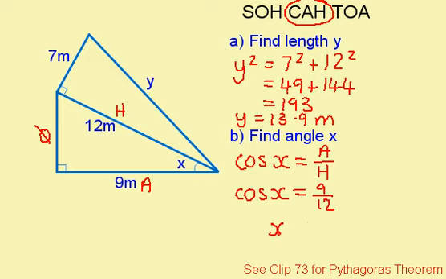To find x, inverse cos 9 divided by 12. Typing this into your calculator should give you the answer 41.4 degrees.